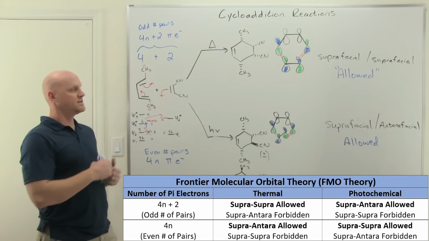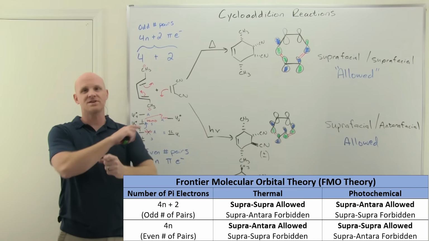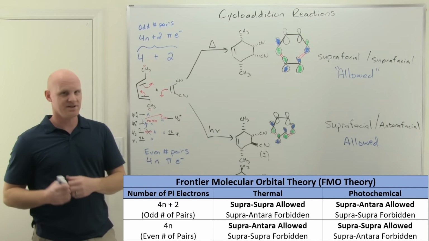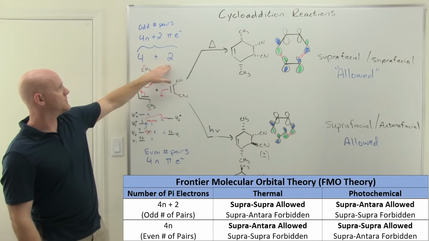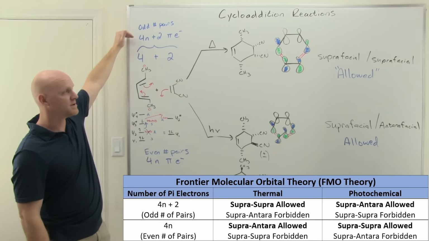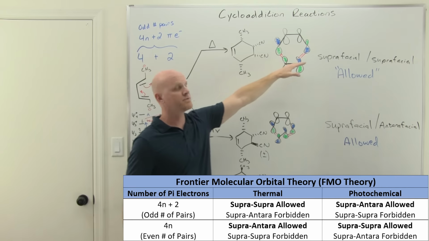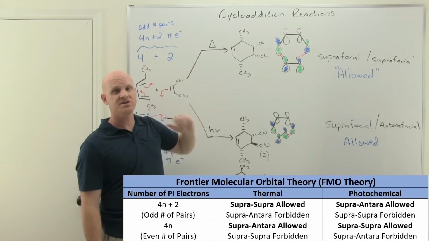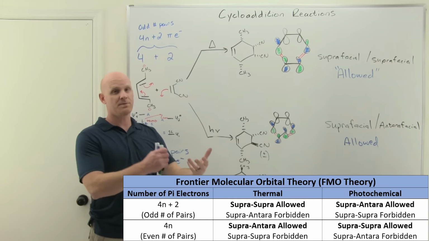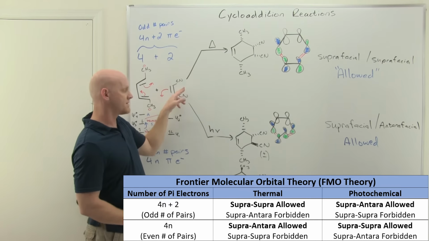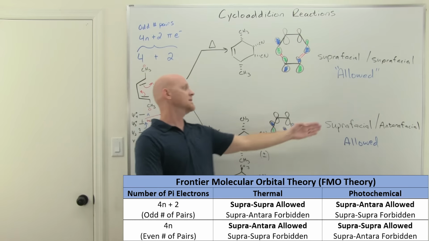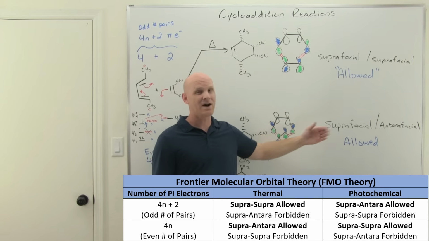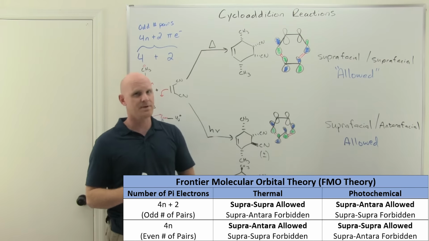But then under photochemical conditions, you always get what's opposite of your thermal conditions. So going back to your 4 plus 2 here again, which is an odd number of pairs, a 4n plus 2 number, notice that suprafacial-suprafacial was allowed under thermal conditions, which means that suprafacial-antarafacial was forbidden under thermal conditions. But under photochemical conditions, it's the opposite.